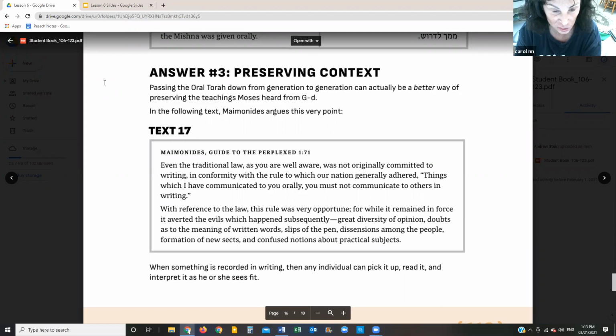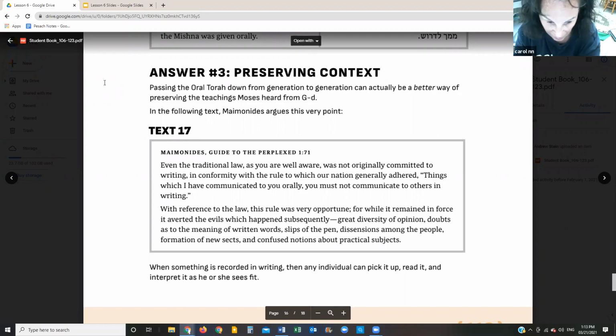Even the traditional law, as you are well aware, was not originally committed to writing in conformity with the rule to which our nation generally adhered. Things which I have communicated to you orally, you must not communicate to others in writing. With reference to the law, this law was very opportune.